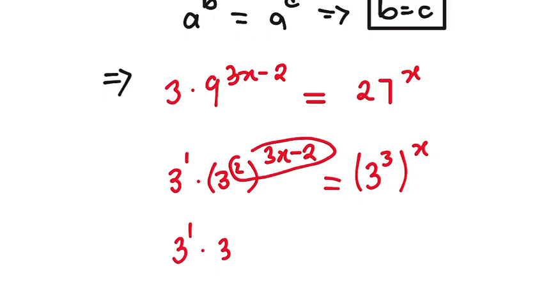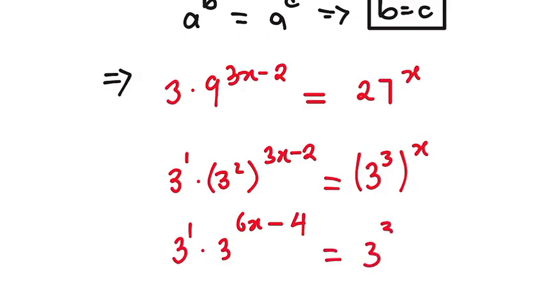These 2, we have to multiply this power here from the law we stated earlier. That's going to be 2 times 3x, we're going to have 6x. Then 2 times minus 2, we're going to have minus 4. Then equals 3 to the power of 3x. The 3 we multiply the x too.